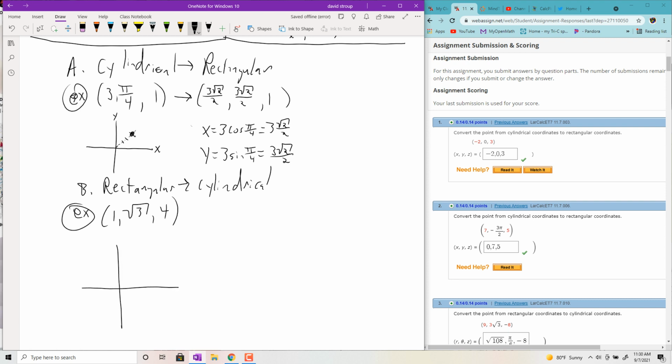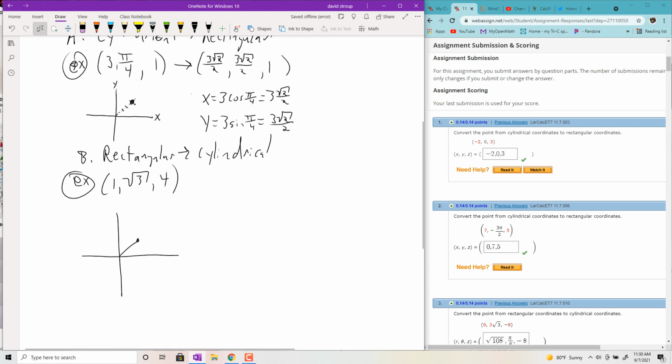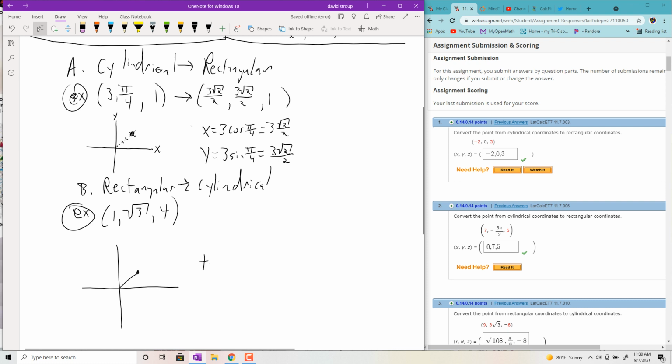Here, I should be in the first quadrant. 1 comma radical 3 is somewhere in here. So anyways, in this orientation, you need to use the tan formula. Tan of theta equals y all over x, and again, the z coordinate will just stay the same. So in this case, with radical 3, that would be pi over 3 for our theta.